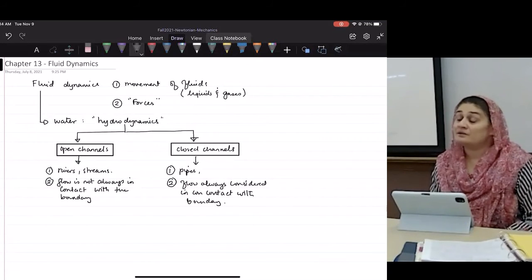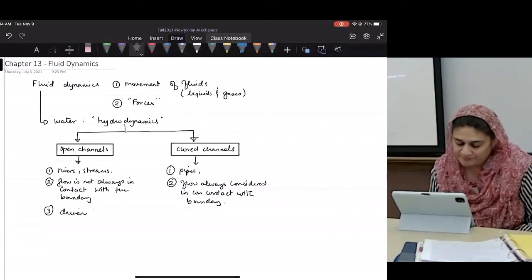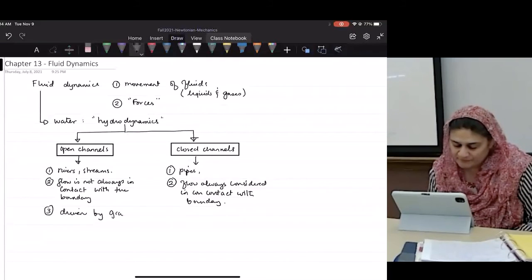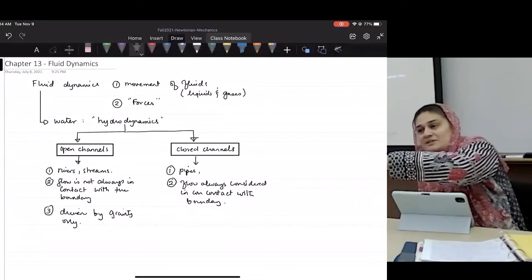So open channels are generally driven by gravity only. The river flows where gravity takes it.